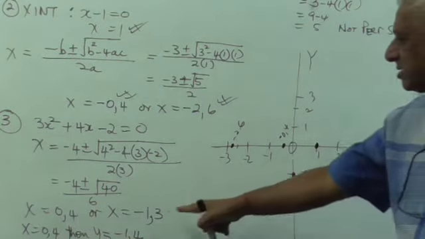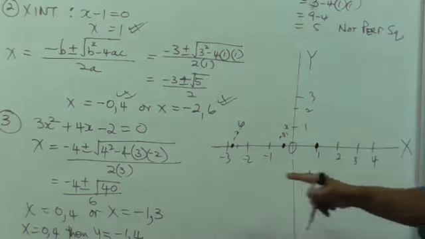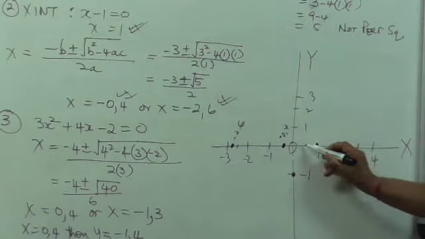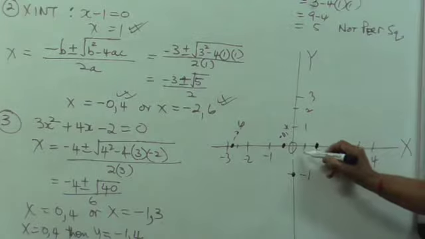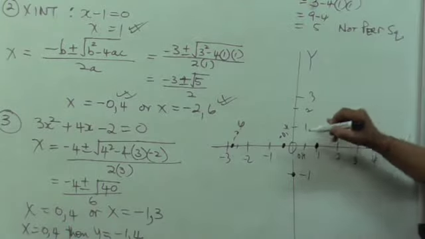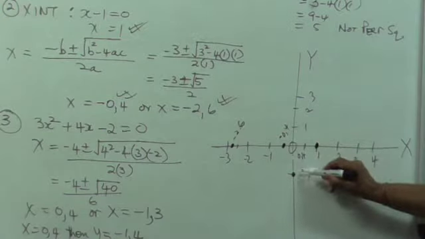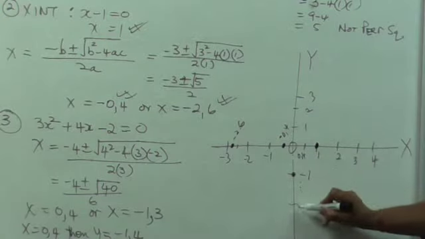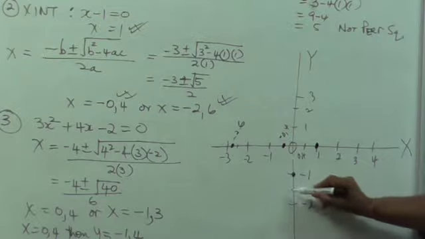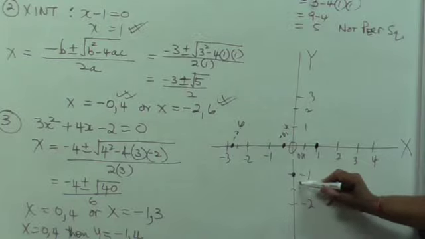Now the turning points. 0 comma 4 will be somewhere here, and minus 1 comma 3. So say that's minus 2, so minus 1 comma 5, minus 1 comma 3 will be here.